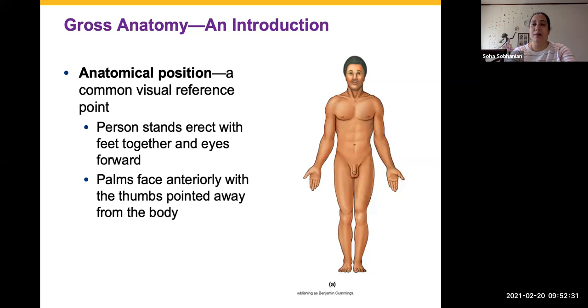So why do we talk about the anatomical position? It's because we're looking at a mirror image of ourselves. So basically, if I'm looking at this person, this side would be their right side, and this is their left side. So it's a mirror image of us, right? So don't assume just because this is your right side, that's the right side of that person too.